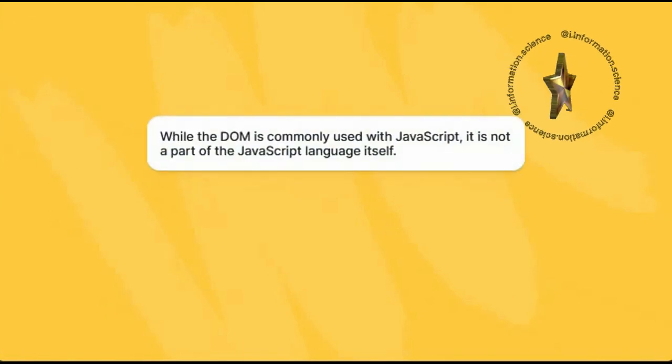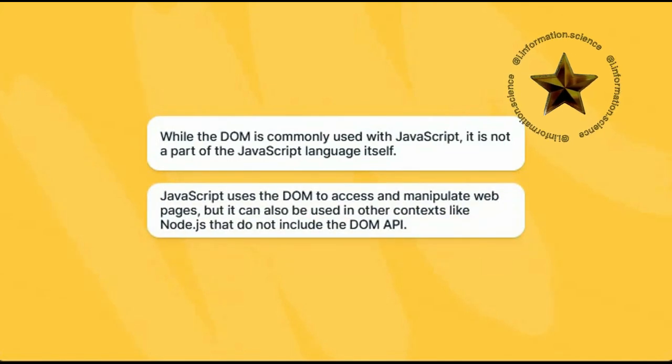While the DOM is commonly used with JavaScript, it is not a part of the JavaScript language itself. JavaScript uses the DOM to access and manipulate web pages, but it can also be used in other contexts like Node.js that do not include the DOM API.